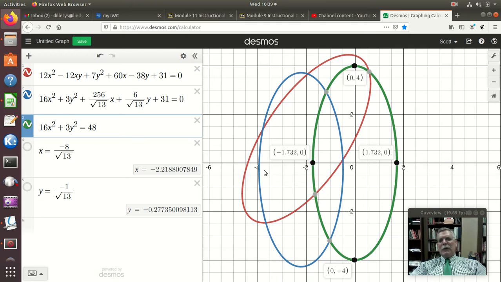If y is equal to 0, I divide both sides here by 16 and get x squared equals 3. So this is plus or minus the square root of 3. And similarly, if I let x equal 0, divide both sides by 3, I get y squared is 16, or y equals plus or minus 4. And we see that that's what we have there.